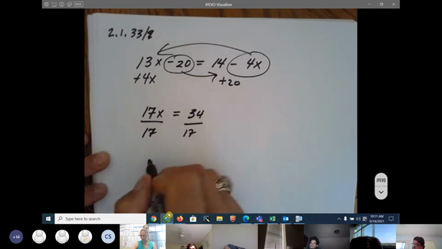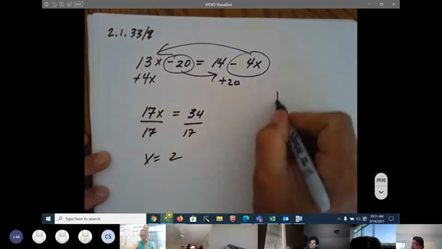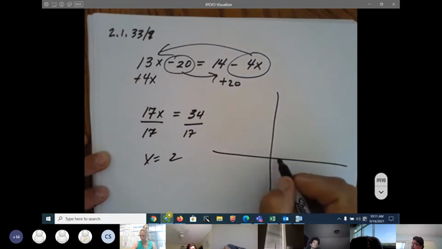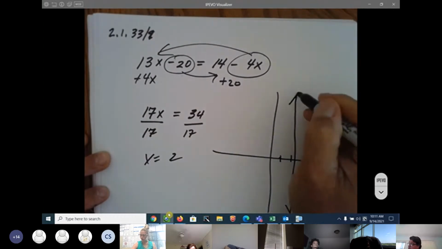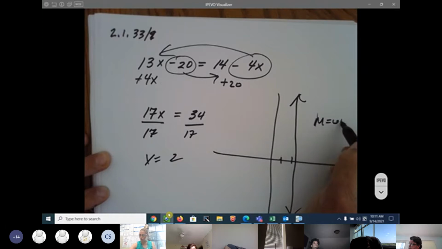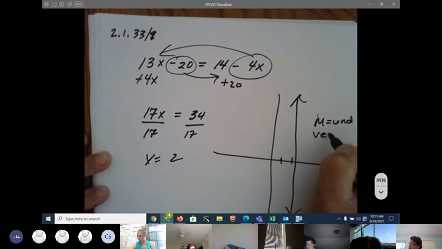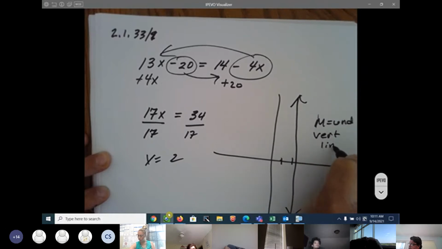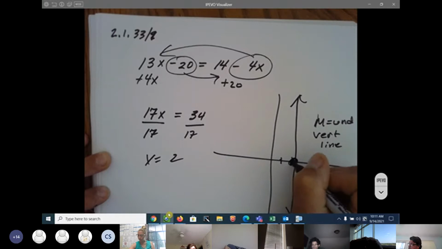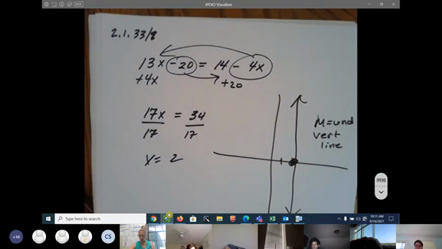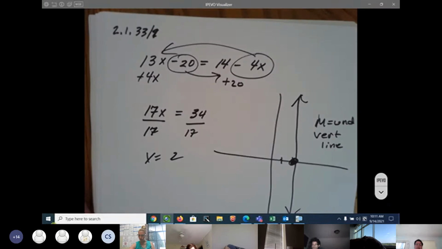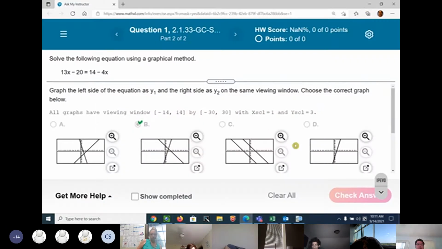Divide by 17. X is equal to 2. X is equal to 2 is a vertical line. So the slope is undefined because it's a vertical line.